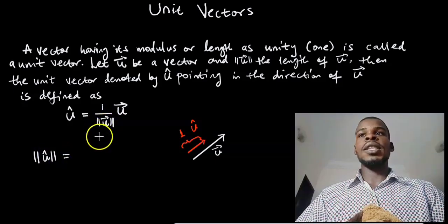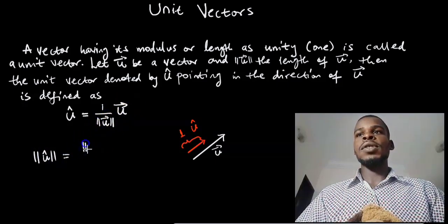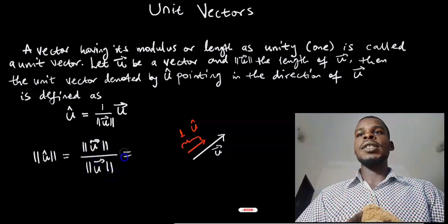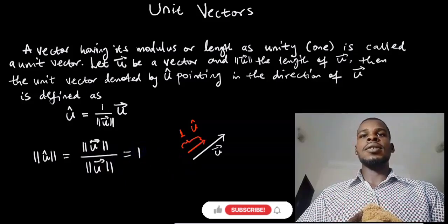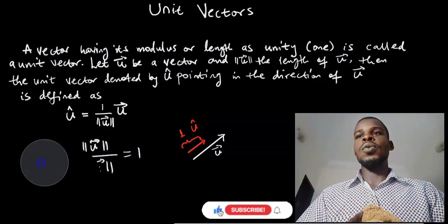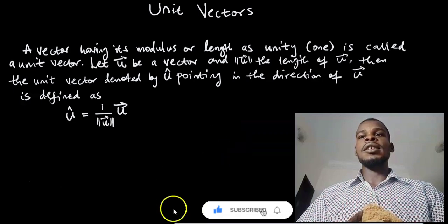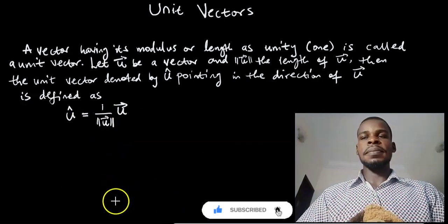This denominator is already a positive number, so we just have to take the length of the vector u, and of course that's exactly what we already have in the denominator. So that just cancels out and gives us 1. So that's it. Great. You don't need so much work. All right, that's just to show you that the definition makes sense.